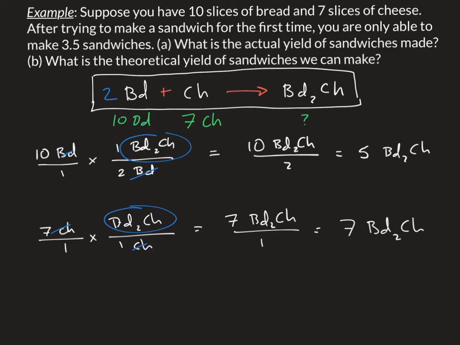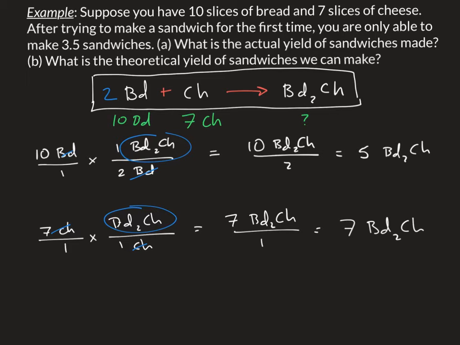Okay, so last week, I just want to go over these numbers again. Remember, I said last week, this right here, 5 sandwiches, is all we can make, okay? Because once we've made 5 sandwiches, we've used up all of our bread, okay? Which means that we can't make 7 sandwiches because we don't have enough bread to make 7 sandwiches.